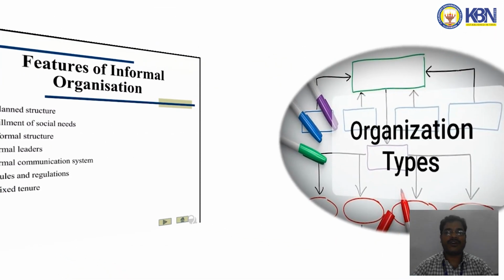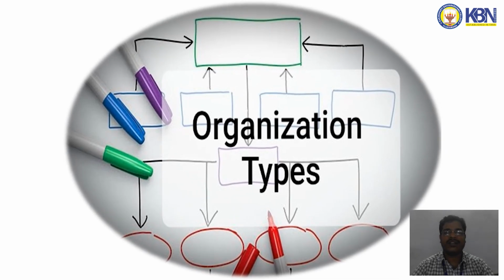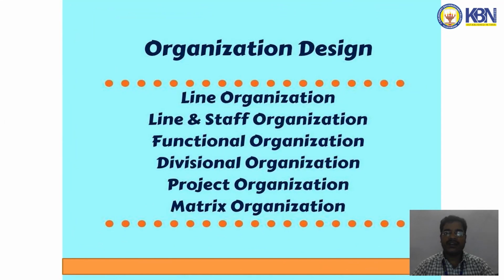So this is about formal and informal, and we have some organizational designs also. In these designs we have line organization, line and staff organization, functional organization, divisional organization, project organization, and matrix organization.